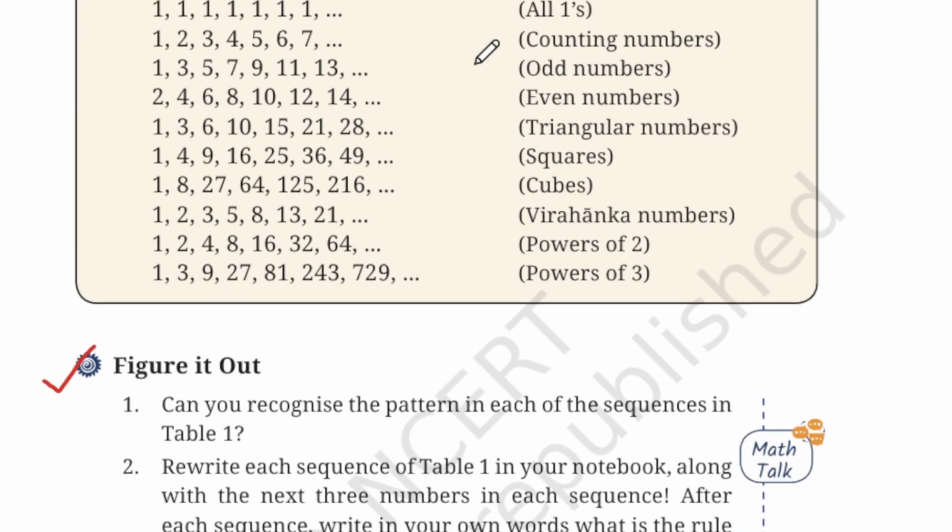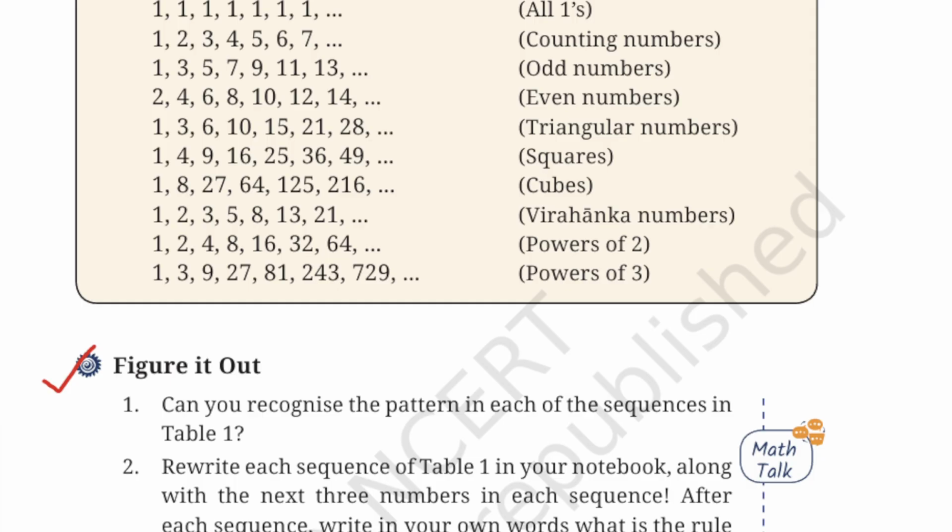The first one is all ones, second one is counting numbers, third one is odd numbers. We have even numbers, triangular numbers, square numbers. I hope you remember everything that we discussed in the last class. What is a triangular number? Triangular numbers are the numbers that can be arranged in the shape of a triangle.